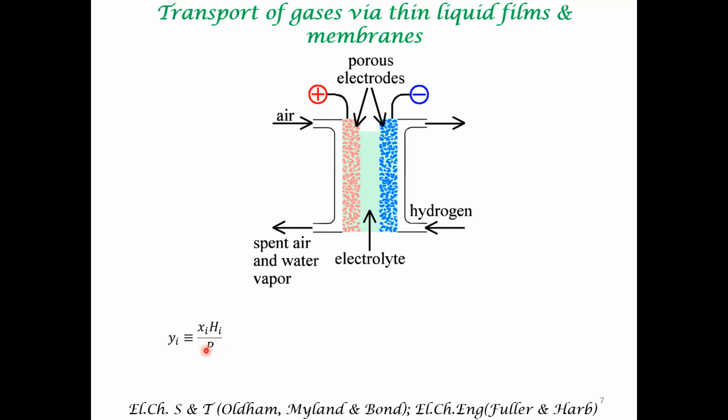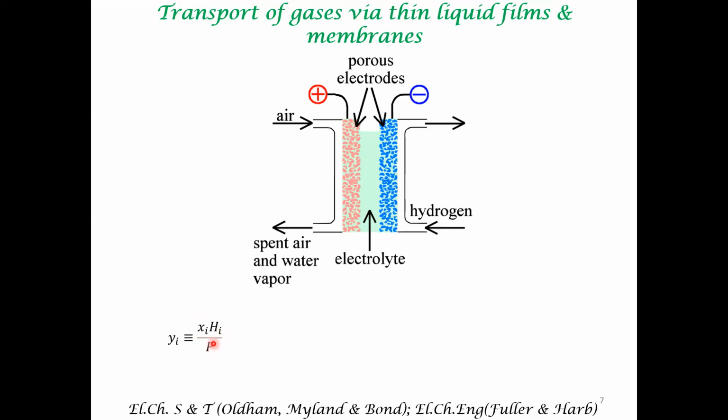Intuitively you can see this in the following manner. For example, Yi times P gives you the partial pressure of the relevant species in the vapor phase, and Xi gives you the concentration of species I in the liquid phase.